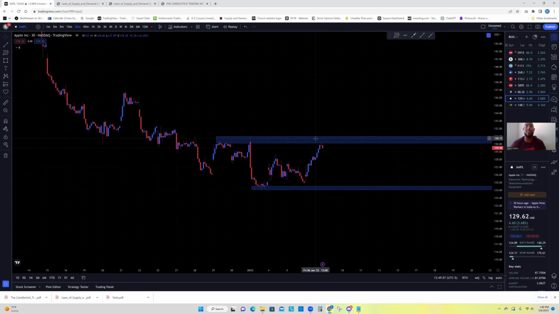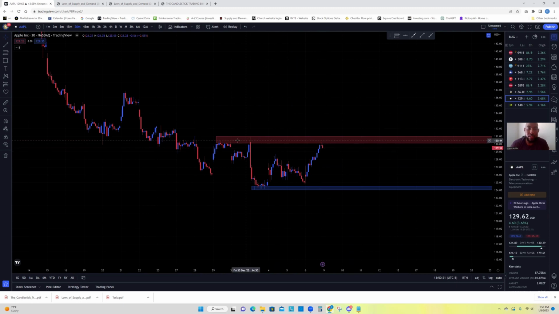I could change this one to red at the top. So now I basically have a supply and a demand. The market rejected here, came all the way down, supported here, came up, almost got back here, came back up, hit this area again and rejected.